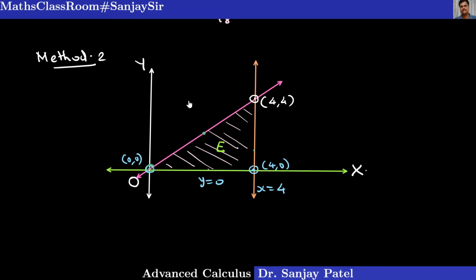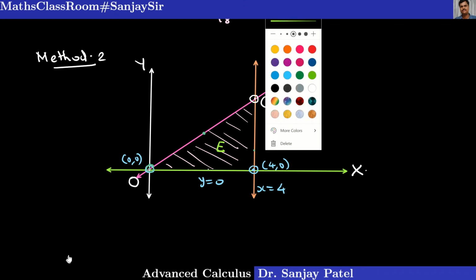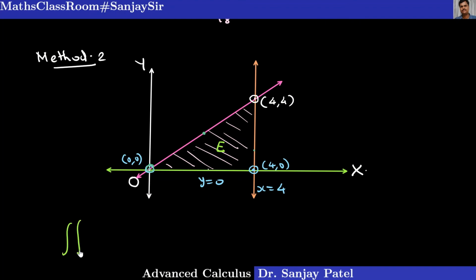Okay, in this second method, we consider this same region again, and now our interest is to use the second repeated integral to compute the given double integral, which is the double integral of x square y square dx dy over the region E. This I want to compute using the second repeated integral.